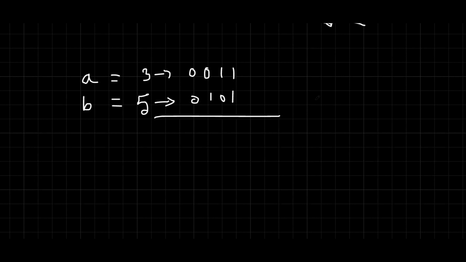Now we have to apply the addition operation. According to the rule, if we add 1 and 1, the output will be 0 and the carry will be 1. Now let's understand it. Here, for 1 and 1, the output is 0. That means for the output part we have taken the XOR, and for the carry part we have taken the bitwise AND operation.